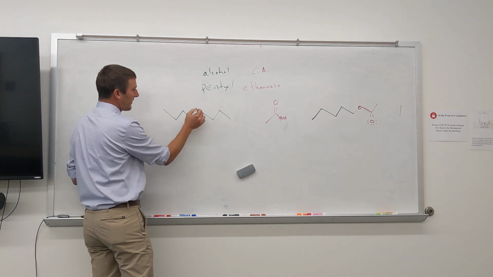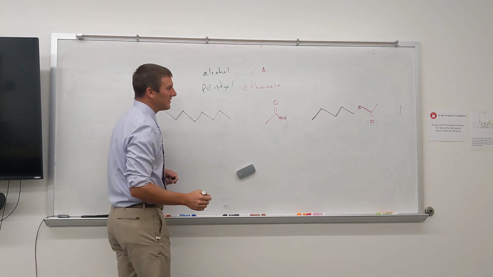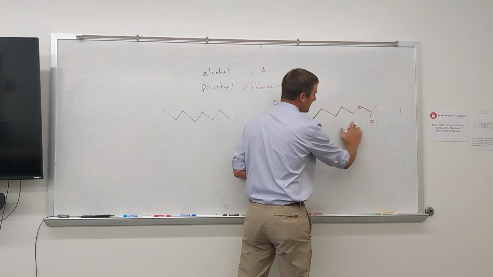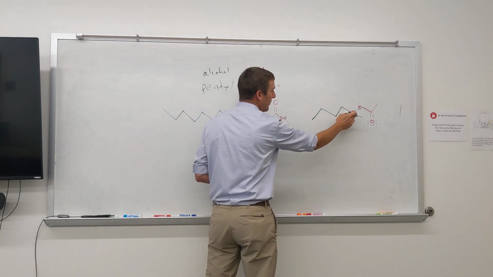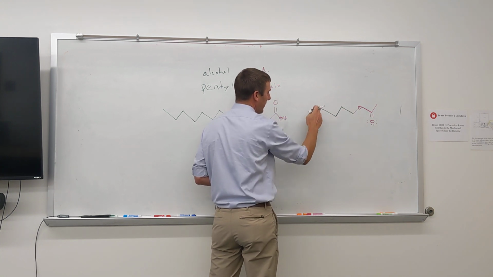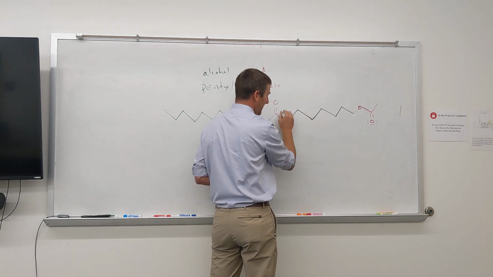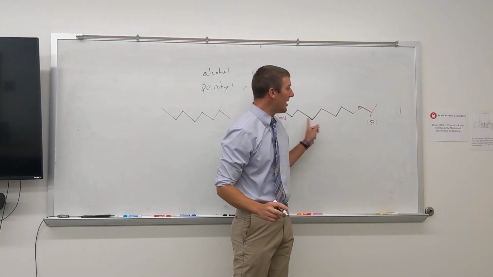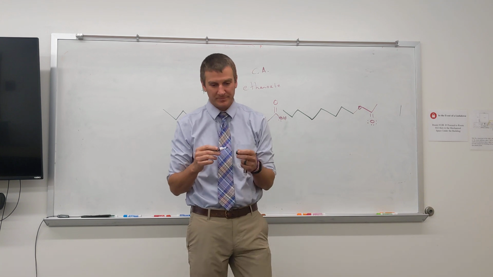Octyl, and 1, 2, ethyl. Remember, this was pentyl ethanoate. To make it octyl, 1, 2, 3, 4, 5, 6, 7, 8. So now it is octyl from the alcohol, octyl ethanoate.